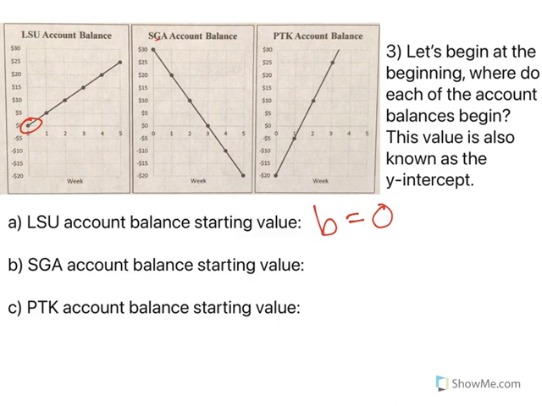Recall that the y-intercept is noted by the letter b. I don't know if we know that yet, but the starting balance is 0. For SGA, it's a positive 30, and for PTK, it's a -20. So make sure you're paying attention to whether it's positive or negative. That's going to be important.